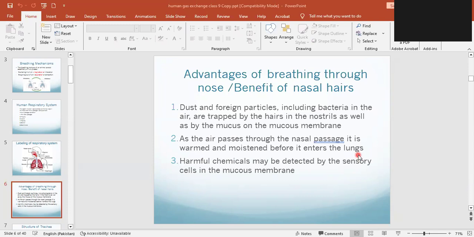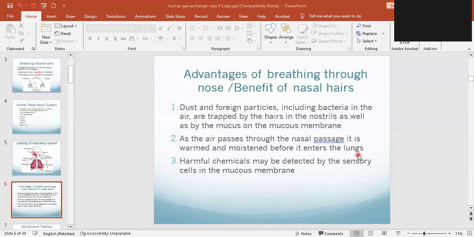So it will be easier for the gases to exchange into the moisture layer. If the air is dry, it will take a lot of time. And warmer air has more kinetic energy, so the molecules can move and diffuse easily. Plus, my body temperature is 37, and the atmosphere is at least at room temperature, between 21 to 25 or 26, so it is lower than my body temperature.